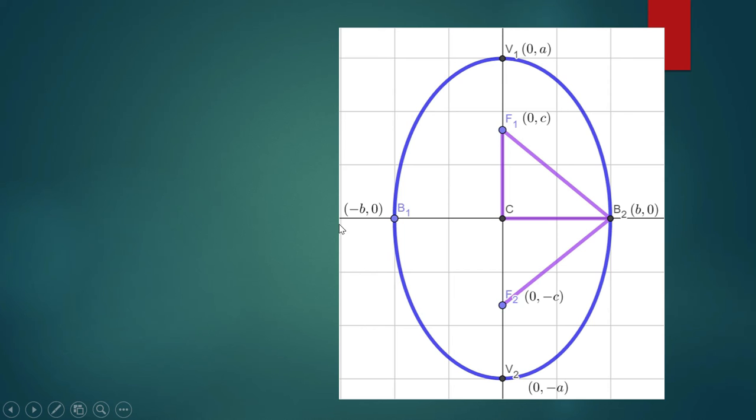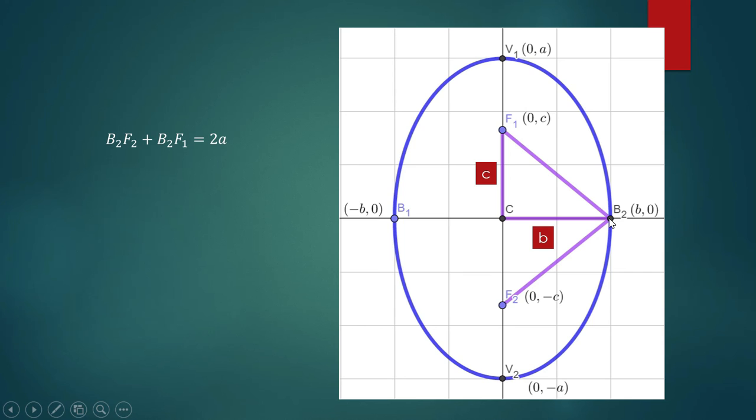So let us now bring in your minor axis and your focus, because that is where b and c will come in. Look at this. B2 here is one endpoint of your minor axis. Its distance from the center is b. That one is one focus. Its distance from the center is c. So this one is c, this is b, and the minor axis is perpendicular to the major axis, so that means this is a right triangle. Now look at this.